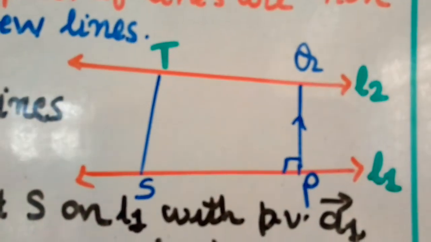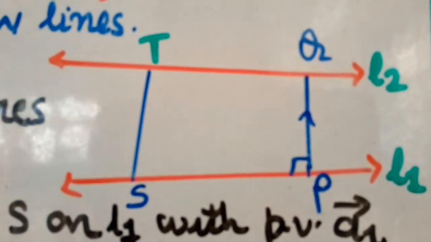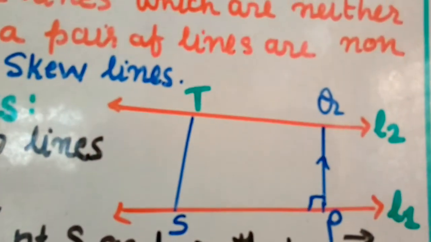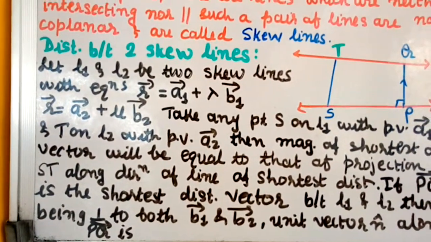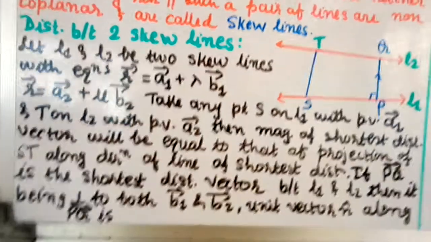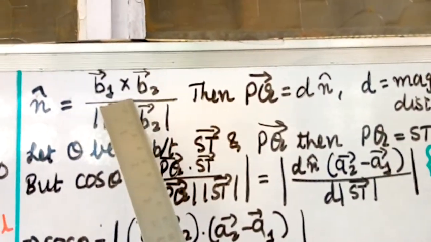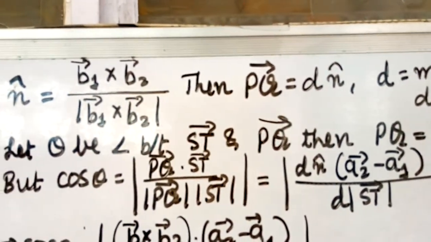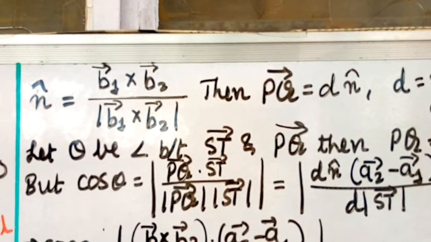This unit vector will be perpendicular to both the directions B1 and B2. B1 is the direction of the first line and B2 is the direction of the second line.